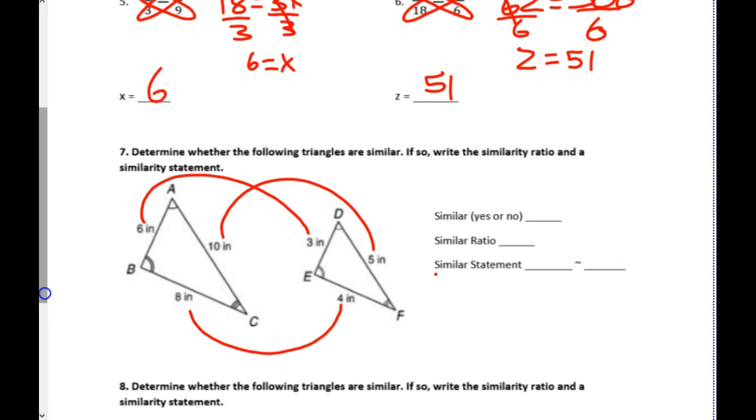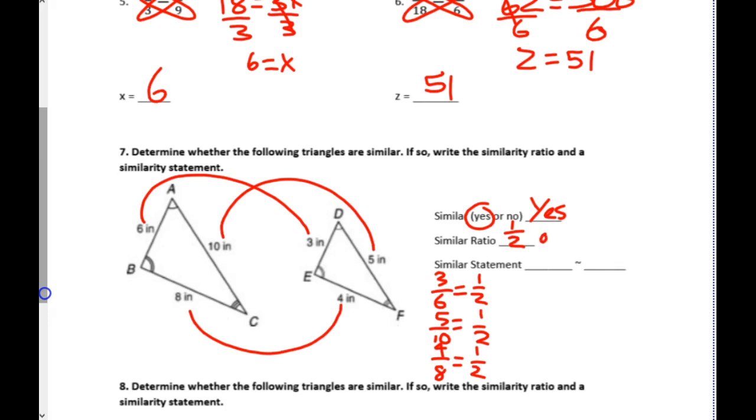So I'll have 3 over 6, which equals 1/2. I'm going to have 5 over 10, which equals 1/2. I'm going to have 4 over 8, which equals 1/2. Alright, so since these are all the same, yes, they are similar. And that similarity ratio I got for each of these was 1/2.